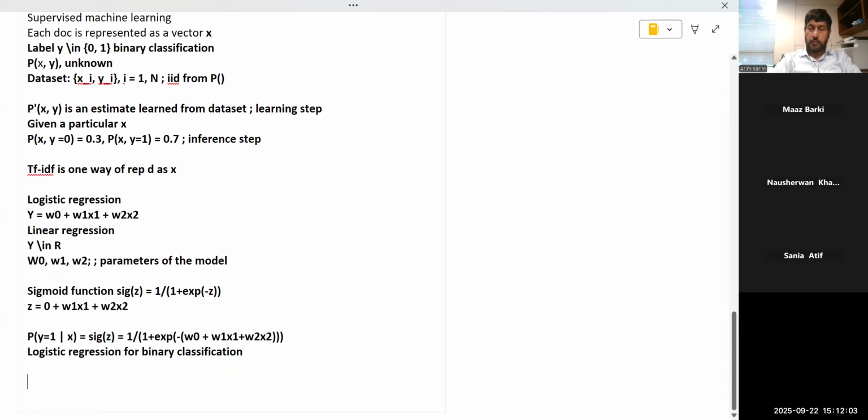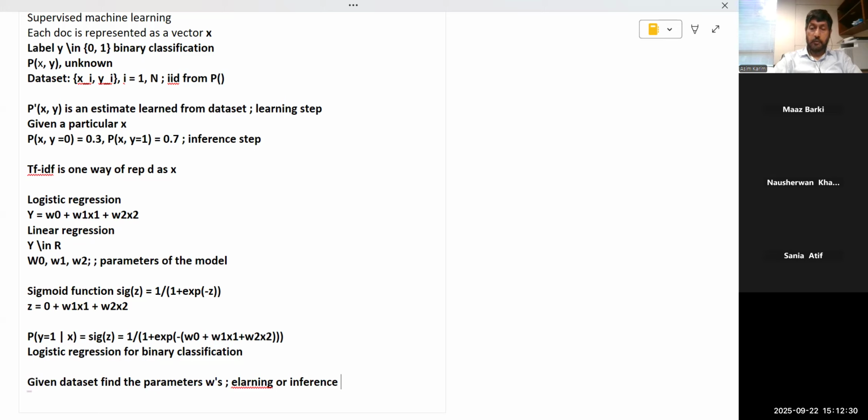Now the task, of course, is given a data set, find the parameters W's. So this would be, as I said, for learning or inference. So we have a parametric model because we have parameters, but this is a probabilistic parametric model.